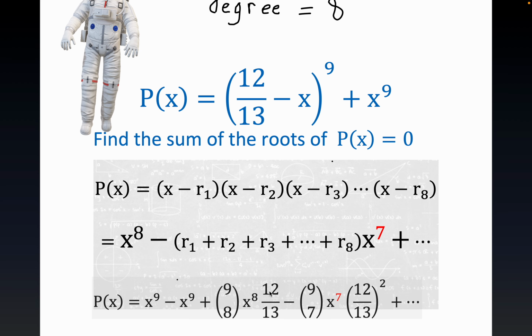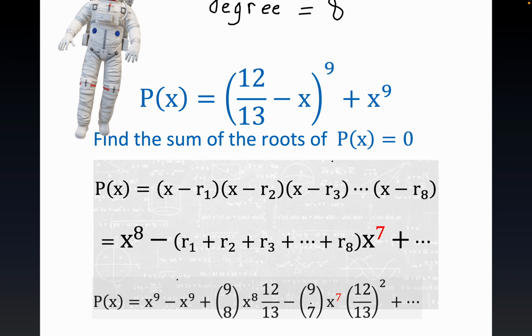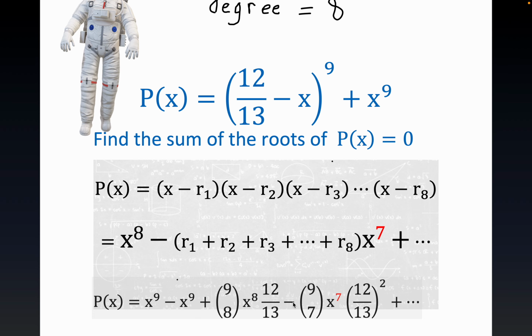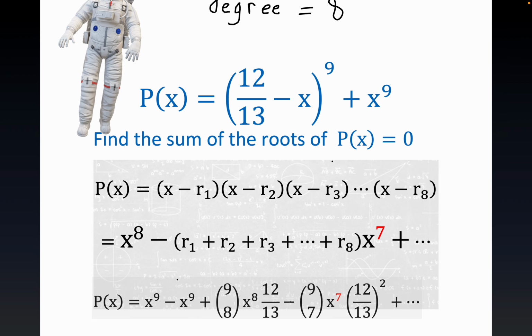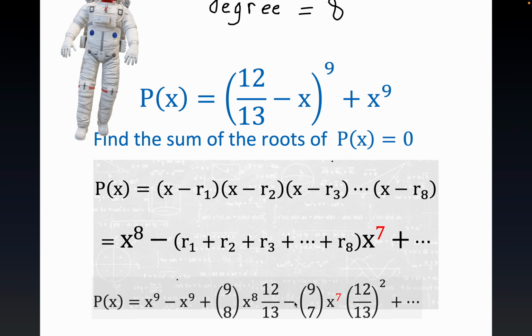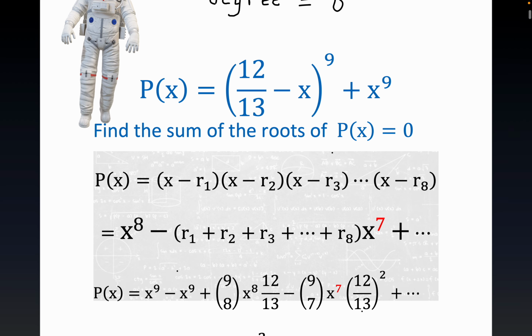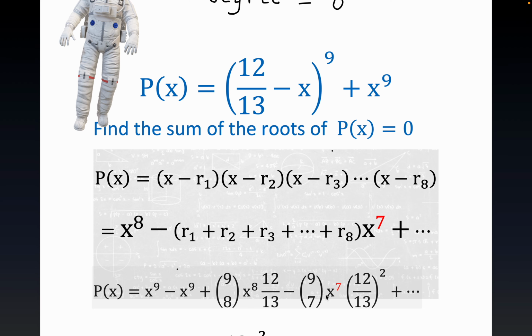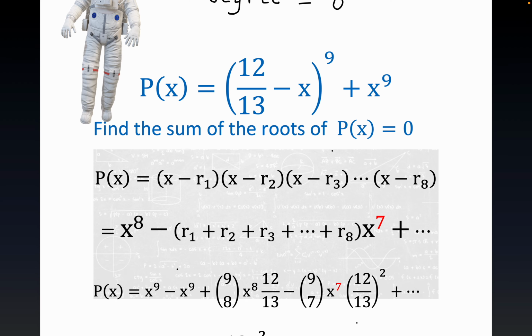And 12 times 13. And then the next one will be 9 choose 7. Now notice the minus sign sticks around. I conveniently wrote it out to the front. It would be minus x raised to the 7th power, so I put the minus out front. And then what's nice about all this is I put the ellipsis because we only care about what's in front of x to the 7th after we divide through. You'll see what I mean by that in a minute.